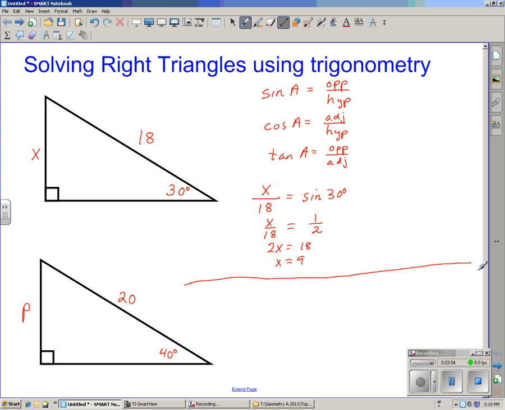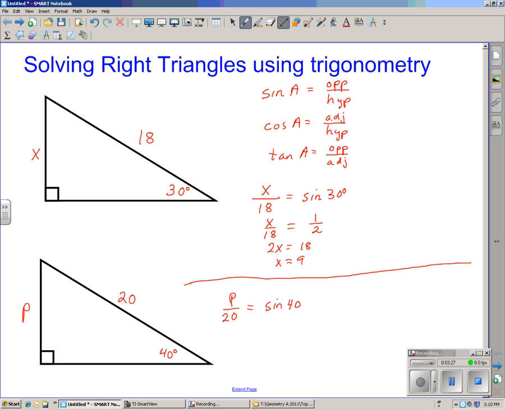I know this angle is 40 degrees, I can write down a ratio, opposite p over 20, and I identified p. P is opposite 40 degrees, and 20 is the hypotenuse. Okay, so SOHCAHTOA, that is the sine of 40 degrees.